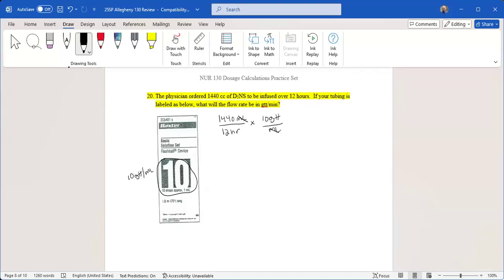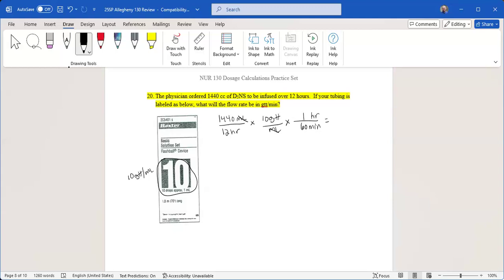So I can do one additional step, and what I can do is convert the hour to minutes. I'm going to show you an easier way, a way that's a little more concise than what I've written here. So I'm just going to leave this here. Now let me show you the more concise way.